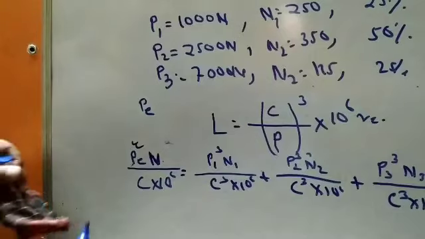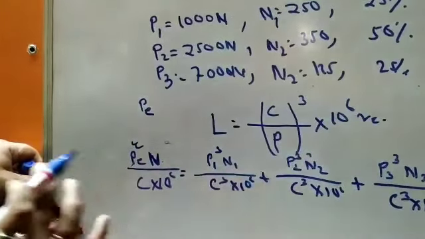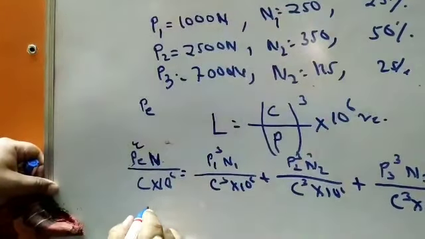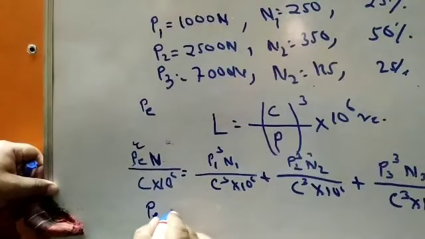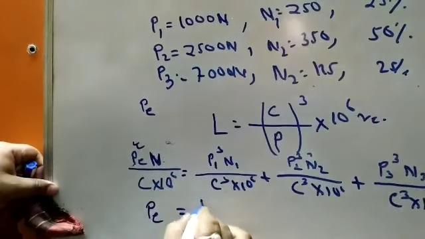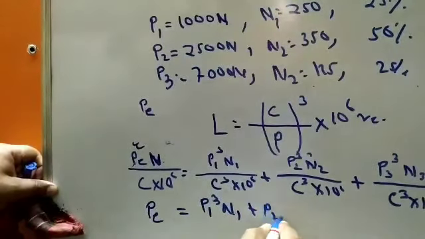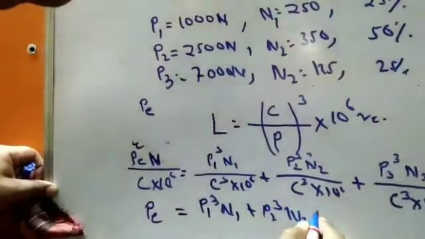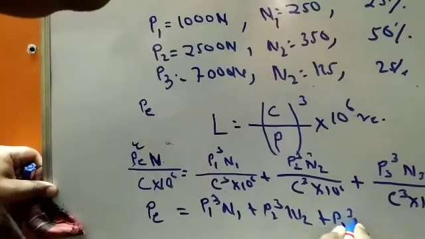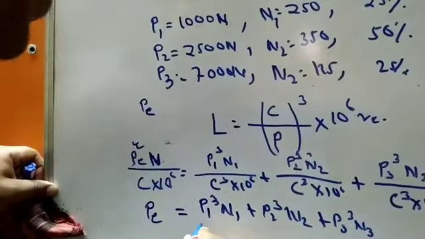So we equate these two factors, and we get the equivalent load PE given by P1 cube into N1 plus P2 cube into N2 plus P3 cube into N3 by N.